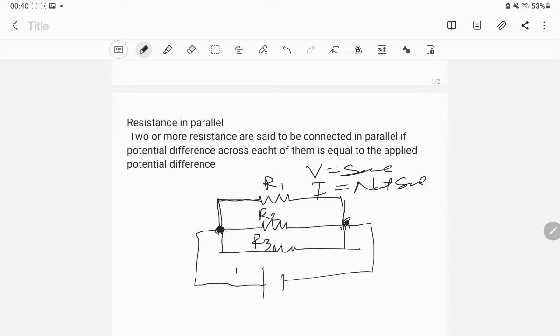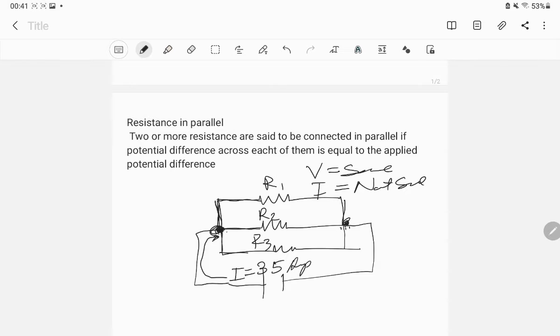If suppose we apply current I, it will go here, and here we have three branches, so this current will divide into three parts. Let's say I is 35 ampere.